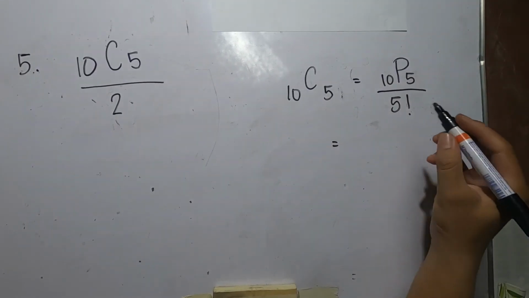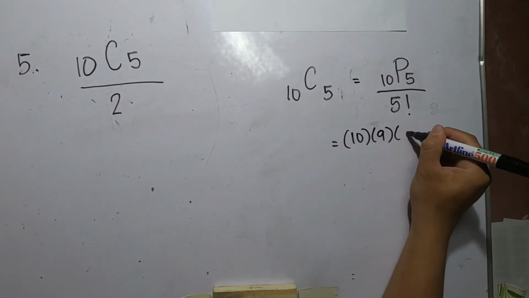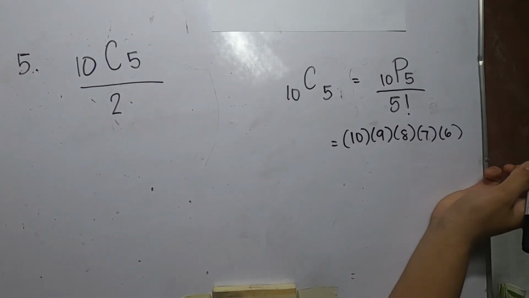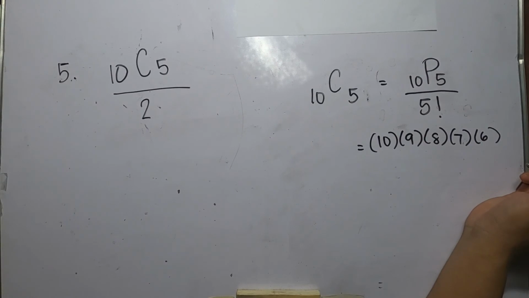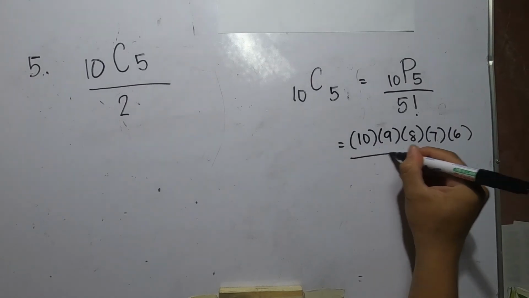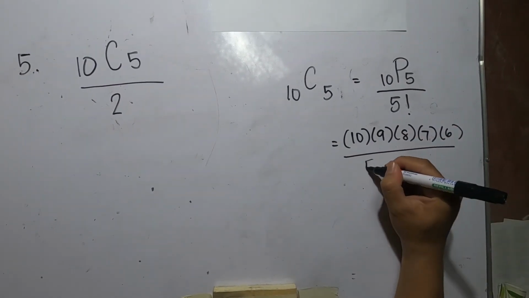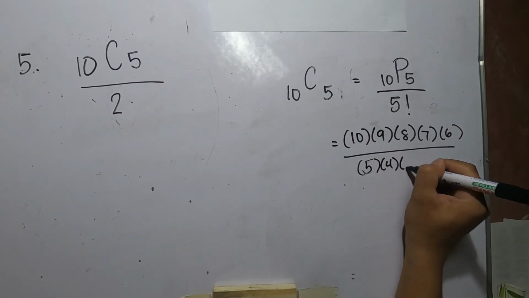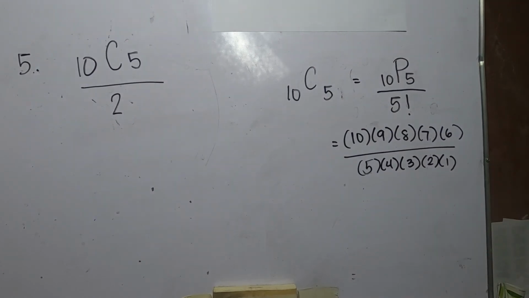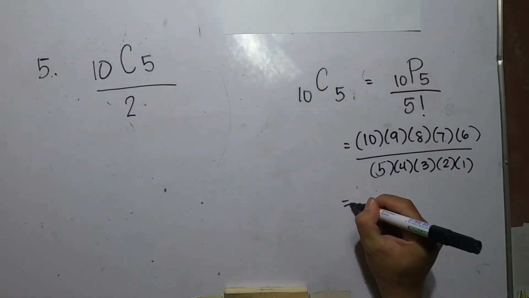Permutation of 10 taken 5 is the same as 10 times 9 times 8 times 7 times 6. We use 5 factors less than or equal to 10, divided by 5 factorial, which is 5 times 4 times 3 times 2 times 1.